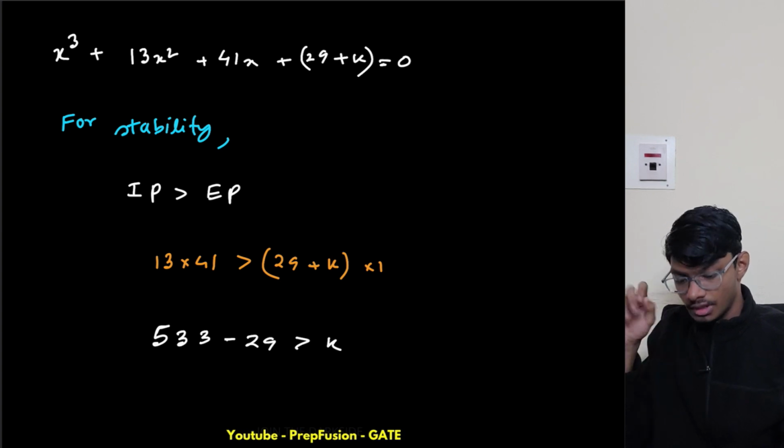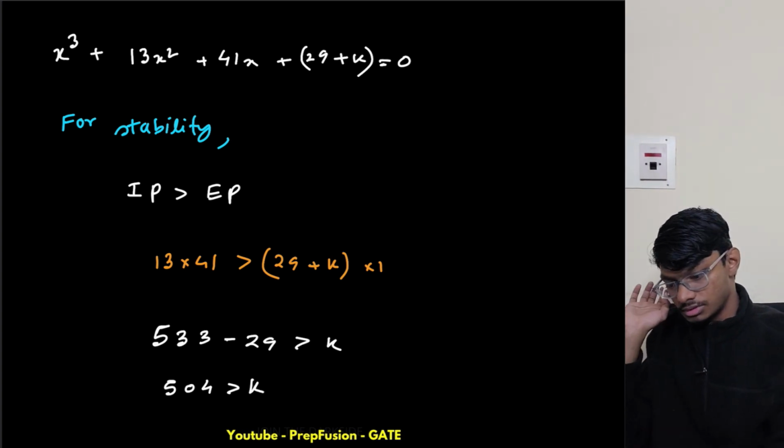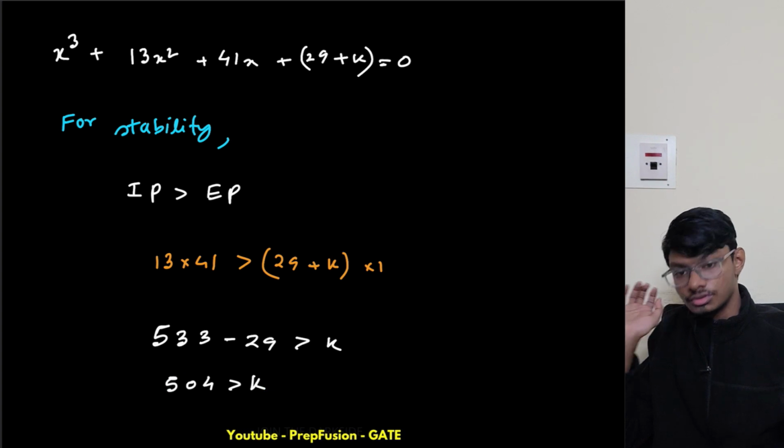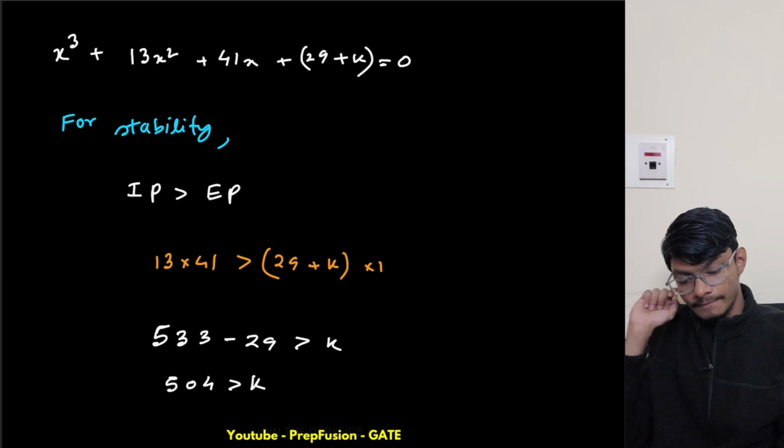If I subtract 30, I get 503, and subtracting 29, I get 504. That's how you use it. You don't always need the calculator. You can do mental calculation also, so that makes your brain sharp. So this is the condition: my k should be less than 504.